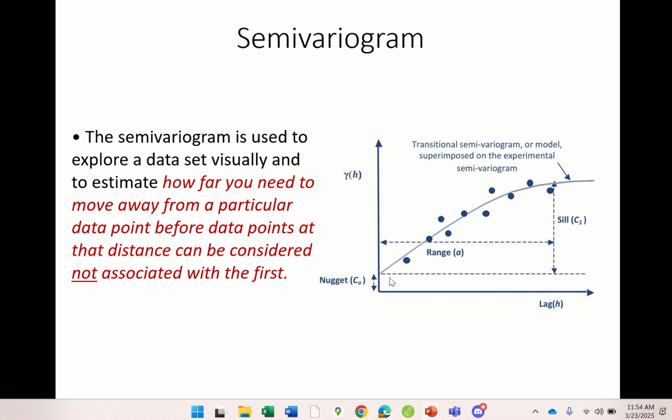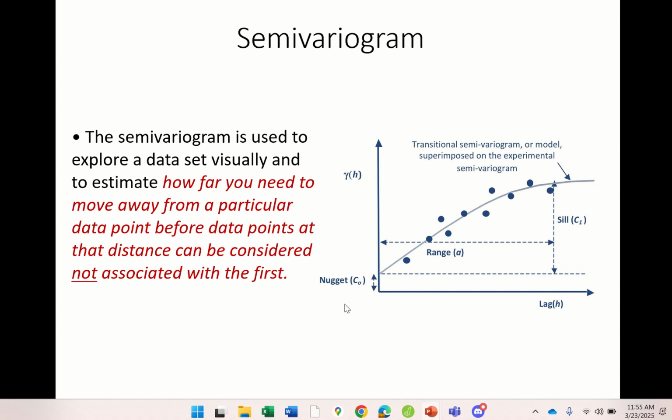If we start down at the bottom left origin, we can see that as the distance between two points increases, the variance between the two points increases. Makes sense, right? The larger the distance between two points, the greater the variance between them. But you can see that once we get to a certain point, the variance tapers off.